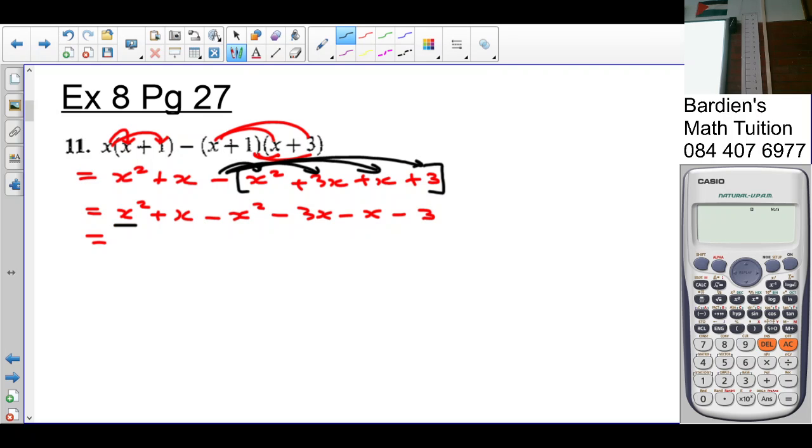It will be x and minus x squared, x minus 3x minus x, and minus 3 is on its own. So what's x squared minus x squared? Cancel. They're the same. So I got x minus 3x is minus 2x. Minus 2x minus x is negative 3x minus 3.